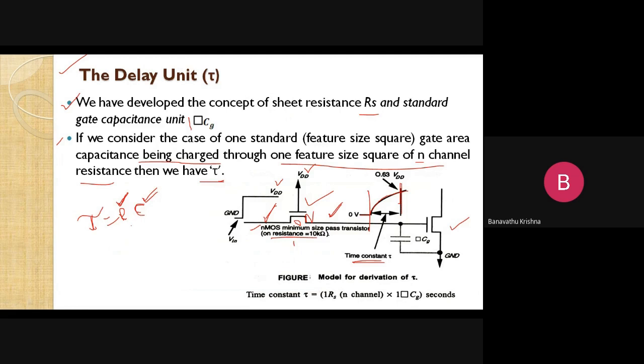So instead of R and C, here we take the sheet resistance Rs and the standard gate capacitance square Cg, and that is the delay unit. Here I show the time constant tau equals 1 Rs for N channel times 1 square Cg, and the delay unit is represented in seconds.